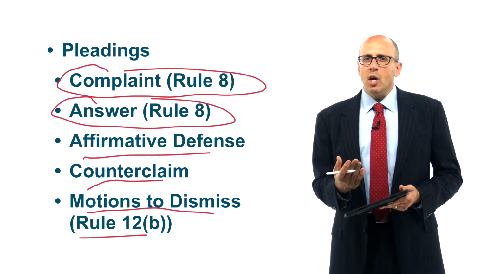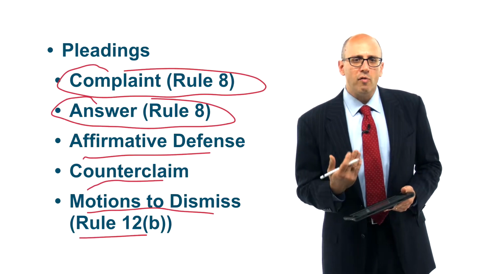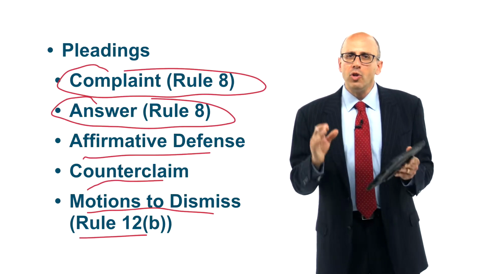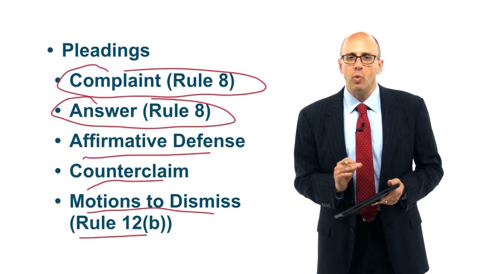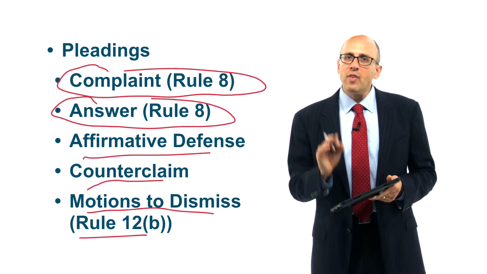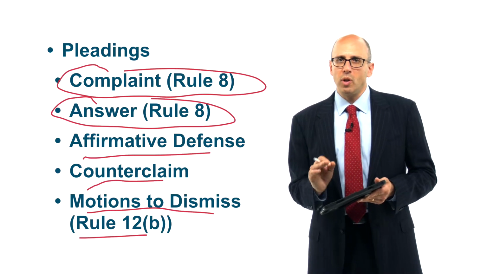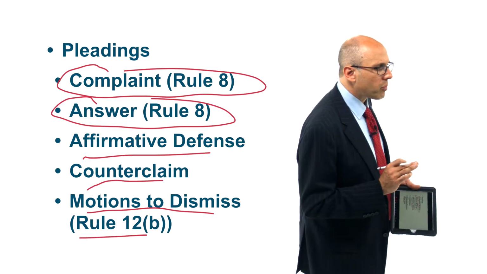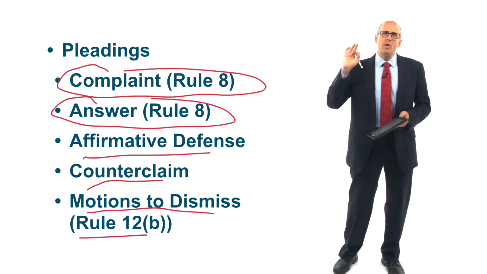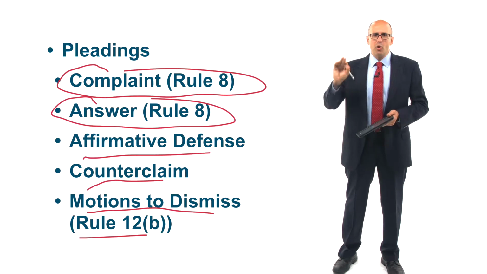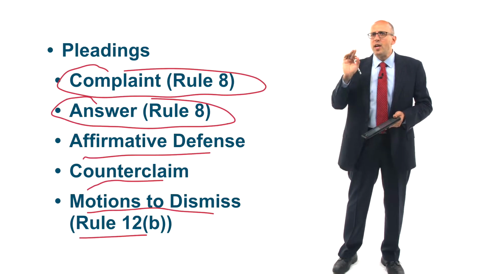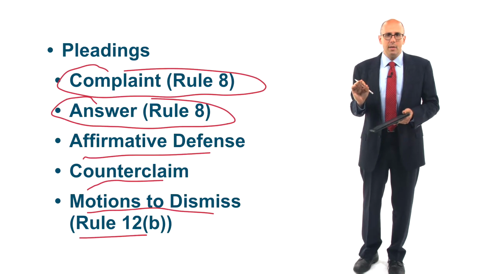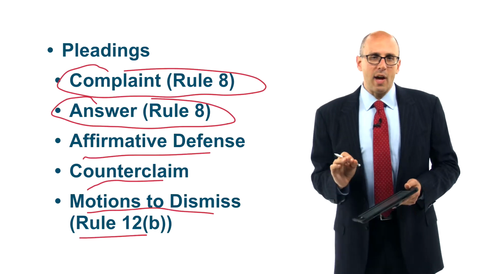In addition, you might file what's called a 12(b)(6) motion. And that's a motion for failure to state a claim upon which relief can be granted. The idea here is, even if everything that you say in your complaint is true, even if I did every single thing you say I did, it's still not a violation of the law.